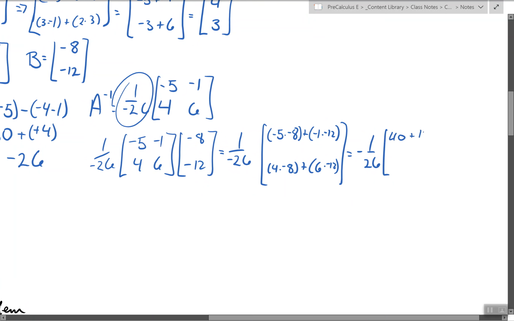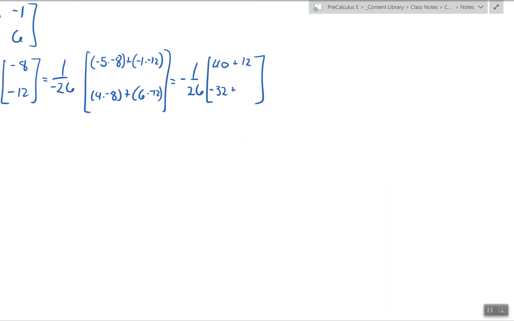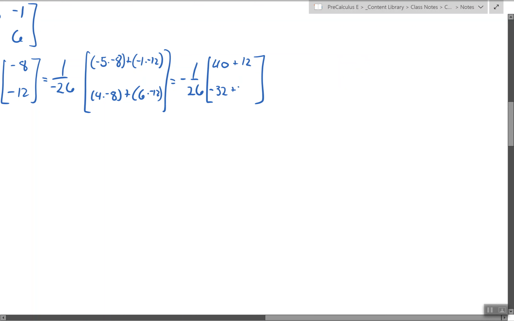Negative 1 times negative 12, that is 12. And then we've got negative 32. 6 times negative 12 is negative 72. Okay, so we still have this negative 1/26th out here. We're going to add these together so we get 52, and we get negative 104.